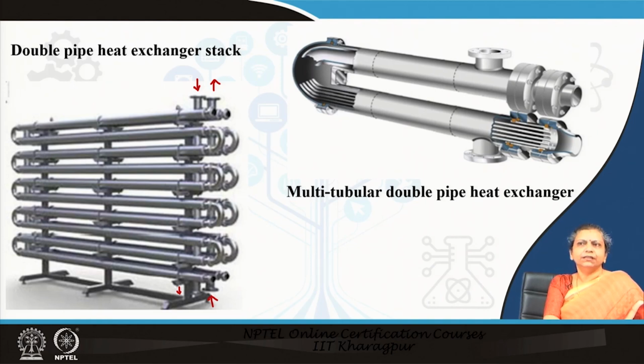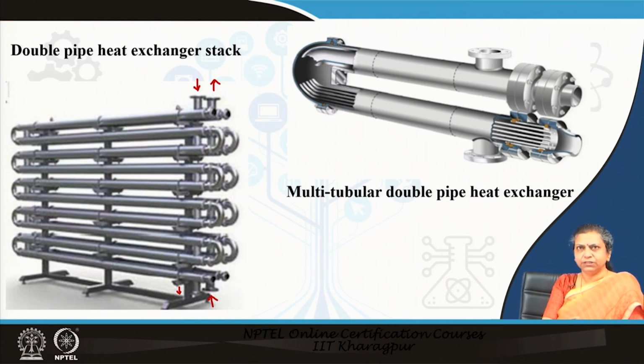Say, for example, the fluid in the tube side has a very high velocity. Remember one thing when you are designing such heat exchangers: these are made from standard pipes, so they have to honor some pressure drop and pressure conditions. It can happen that the pressure drop limitations are exceeded.